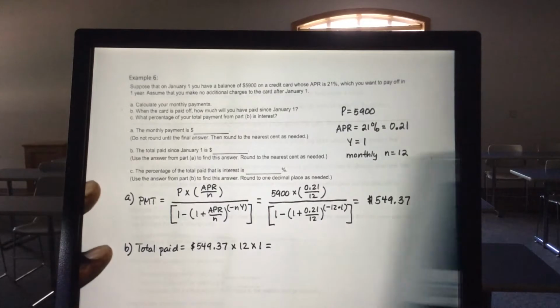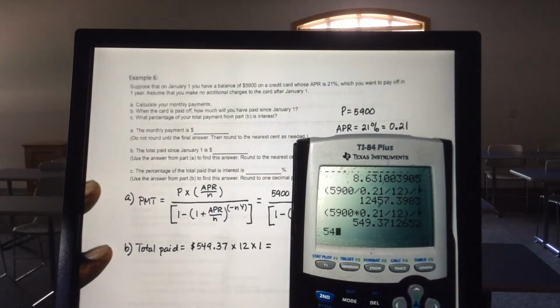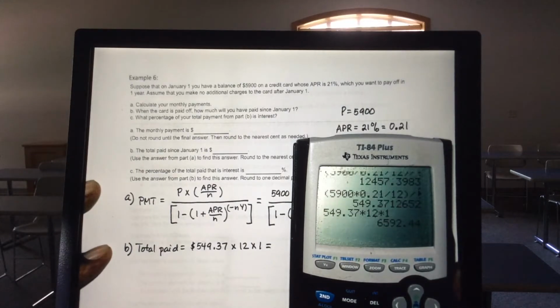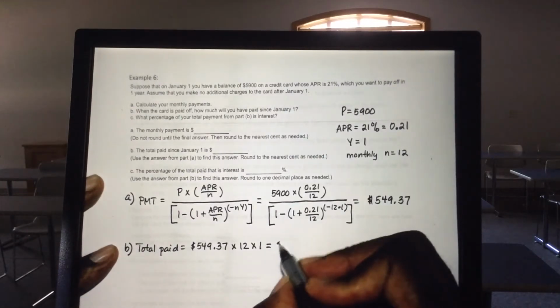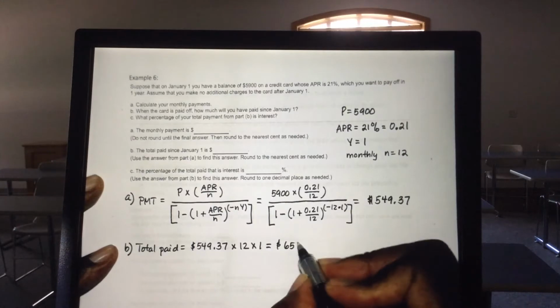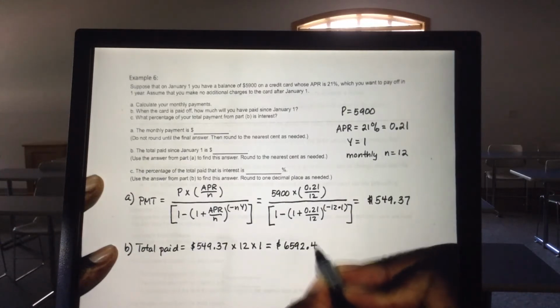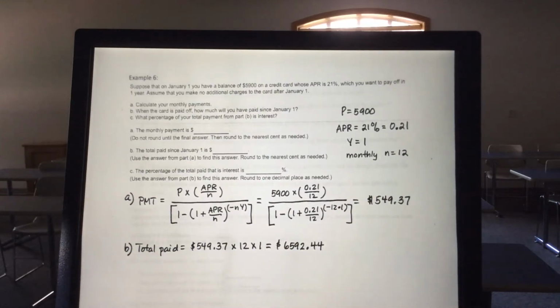So if we multiply 549 times 12 times 1, you'll get $6,592.44. That would be the total amount that was paid since January 1st, assuming that we don't make any charges on that card during that year.